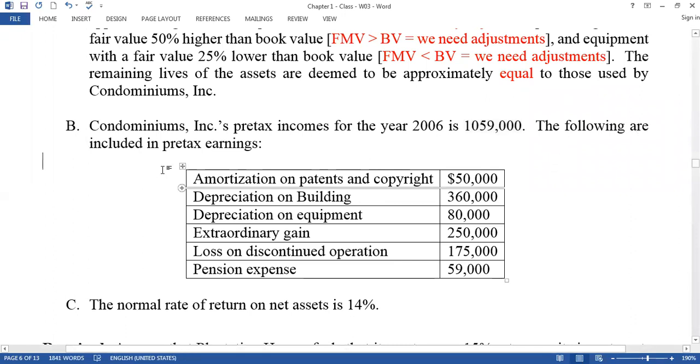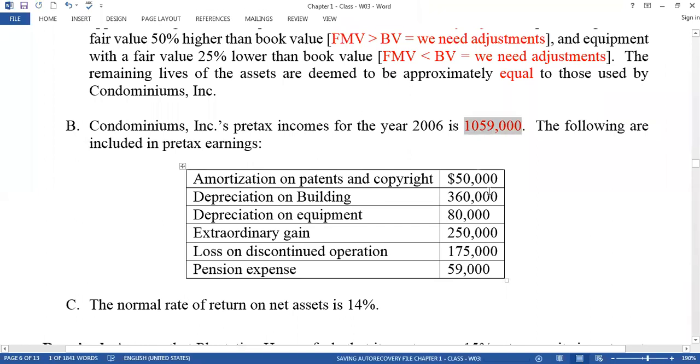So the following are included. That means this information is already included in calculating this pre-tax income. Do you understand? I repeat again, the following are included in pre-tax earnings. So these items are already included here. Now, this is 2006 information, right?